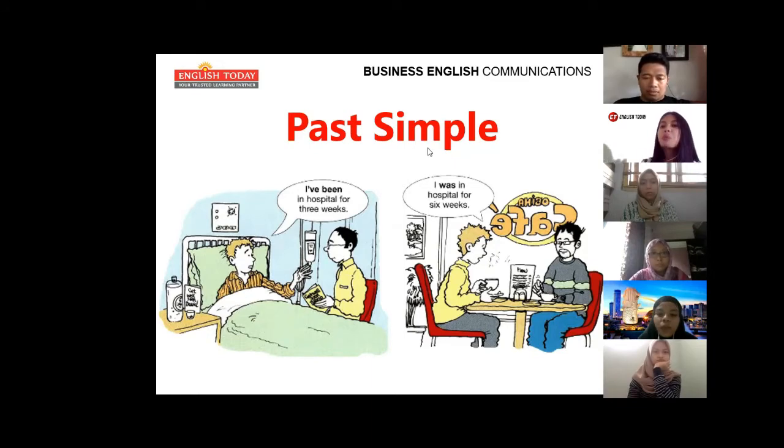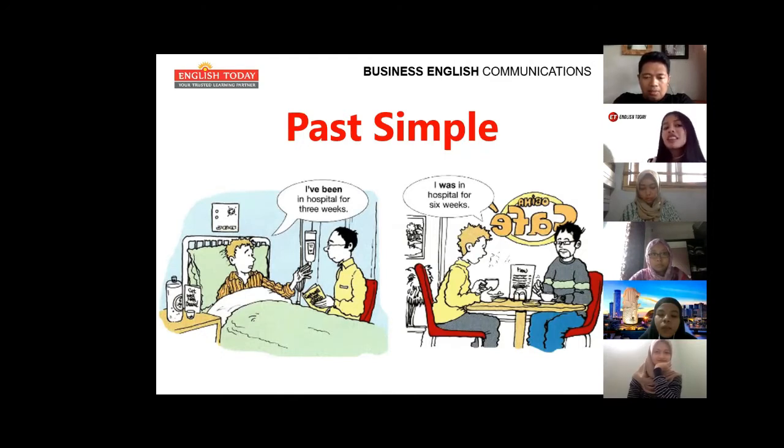Okay, if you use present perfect, which is the image on the left, it describes an activity, an action, a situation that started before now, started in the past, and continues until now.